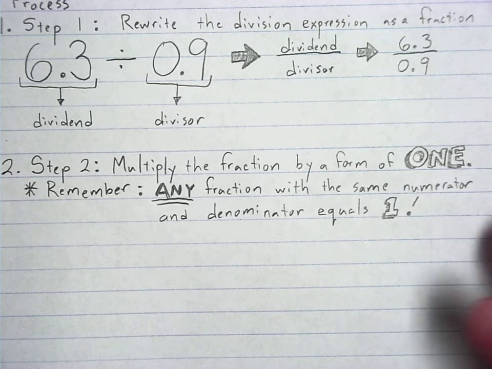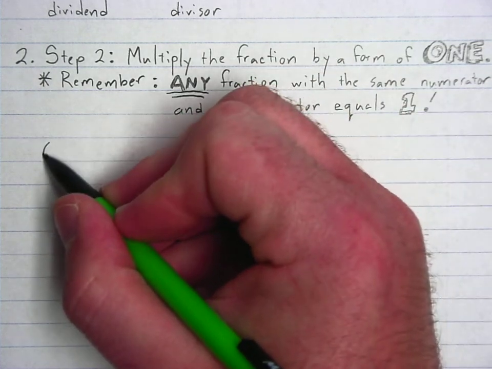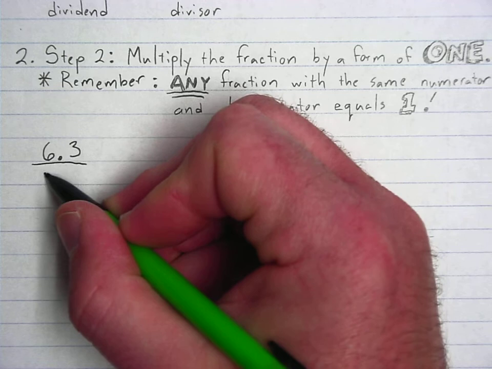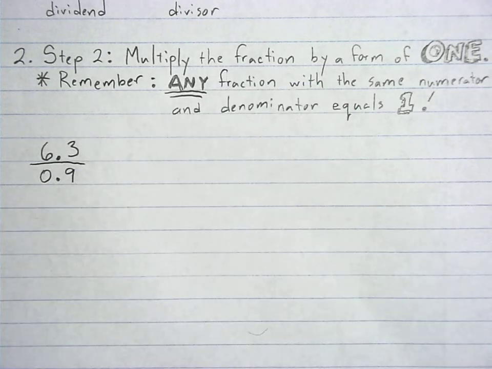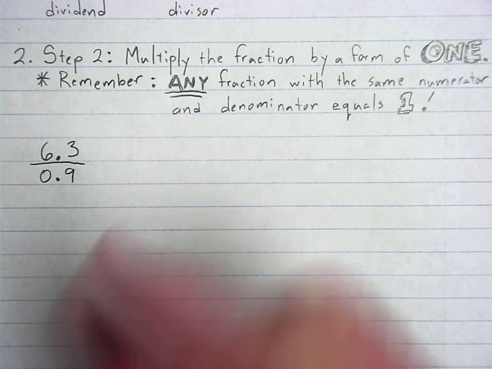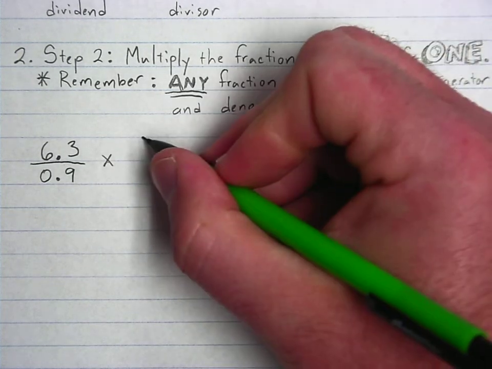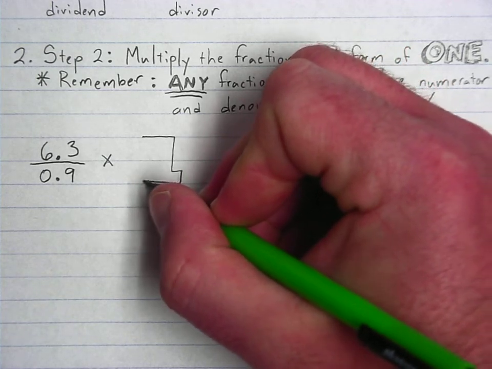Let me show you. Slide this up a little bit. If I take that fraction, 6 3/10 over 9/10, I don't want to deal with that. We can do that division. Actually, I'll teach you in the next lesson, but I don't want to deal with that right now. So what I'm going to do is I'm going to multiply it times 1.